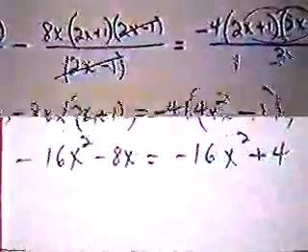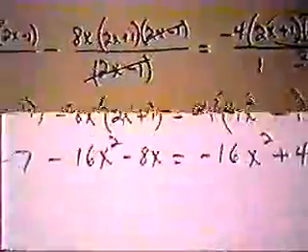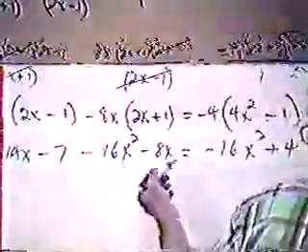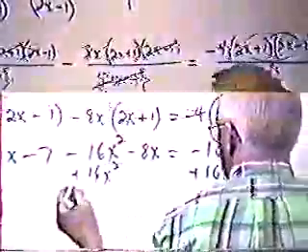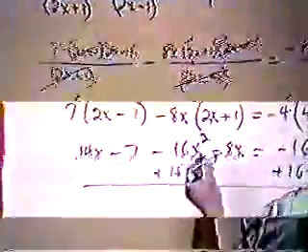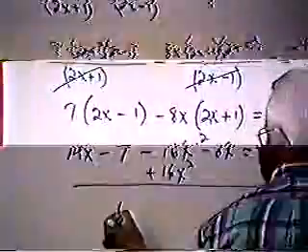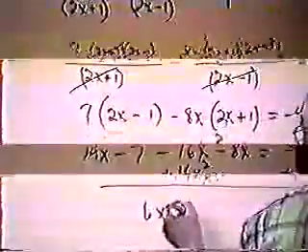Now what do we do? Well, we have a minus 16x squared, and let's get that over to that side. So we'll add 16x squared to both sides. And at the same time we can add the x's. 14x minus 8x is 6x. We have a minus 7.